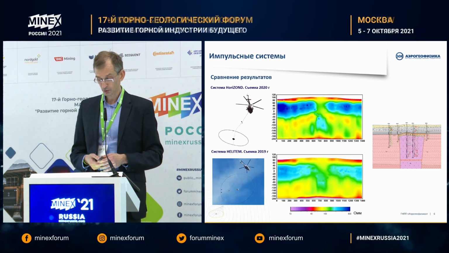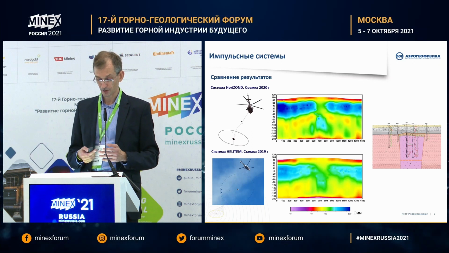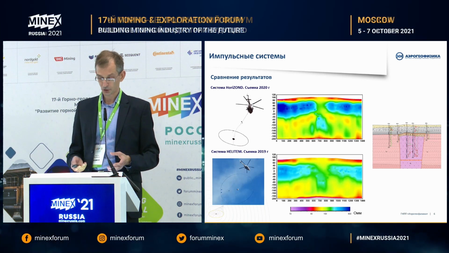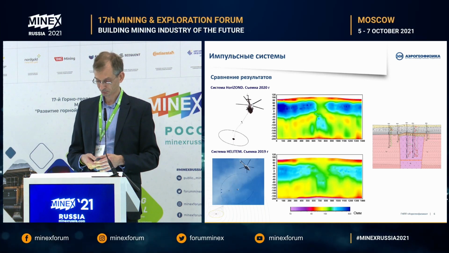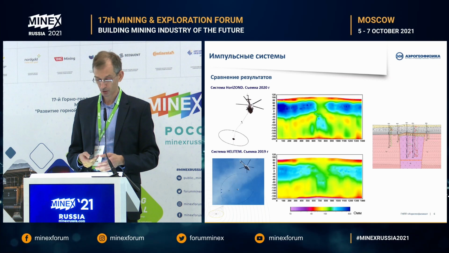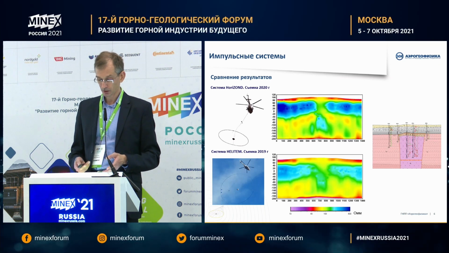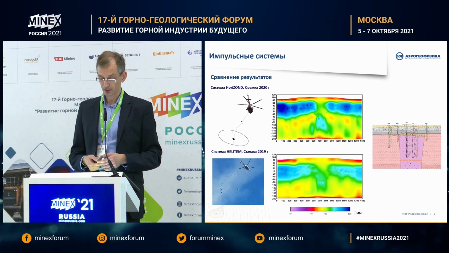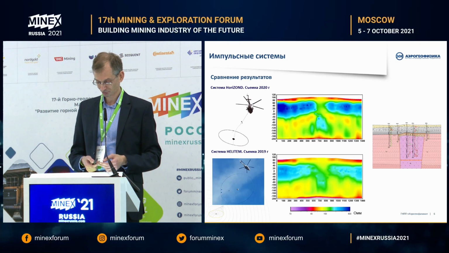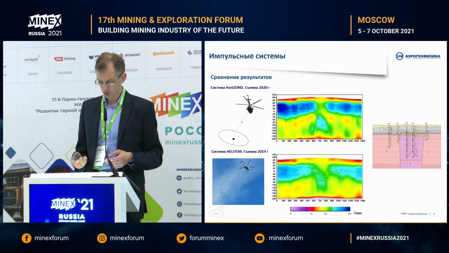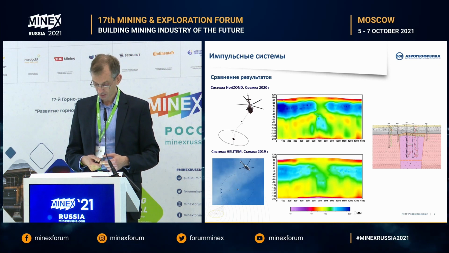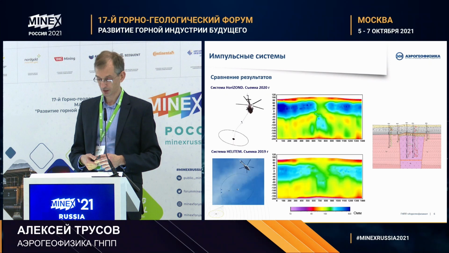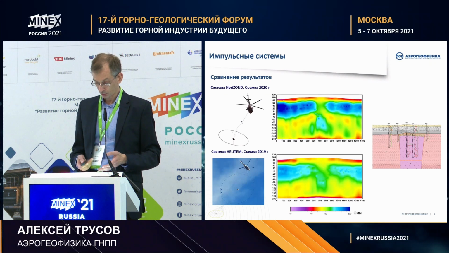Let me give you an example of comparison of data collection in the Archangel region. This is a quite known kimberlite pipe, and the upper cross-section is based on data obtained by the Horizon system, and the lower cross-section is made using the data obtained from ELITEM.